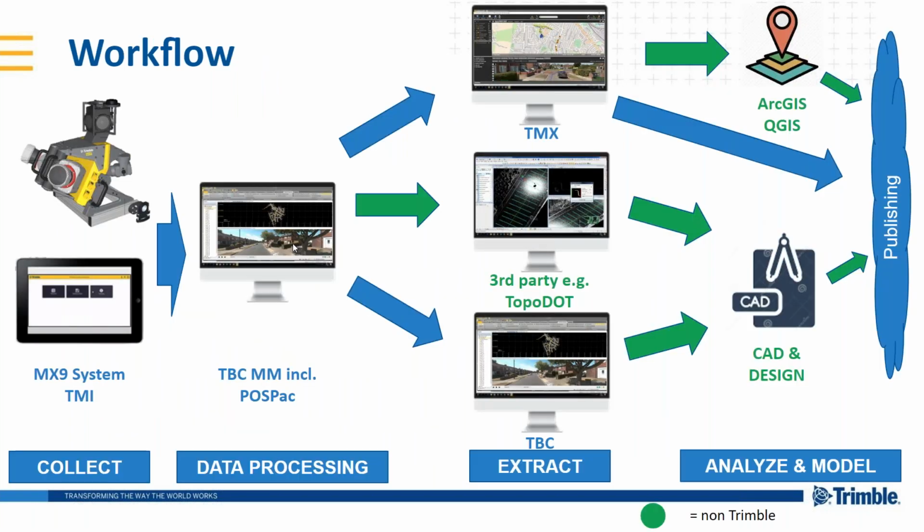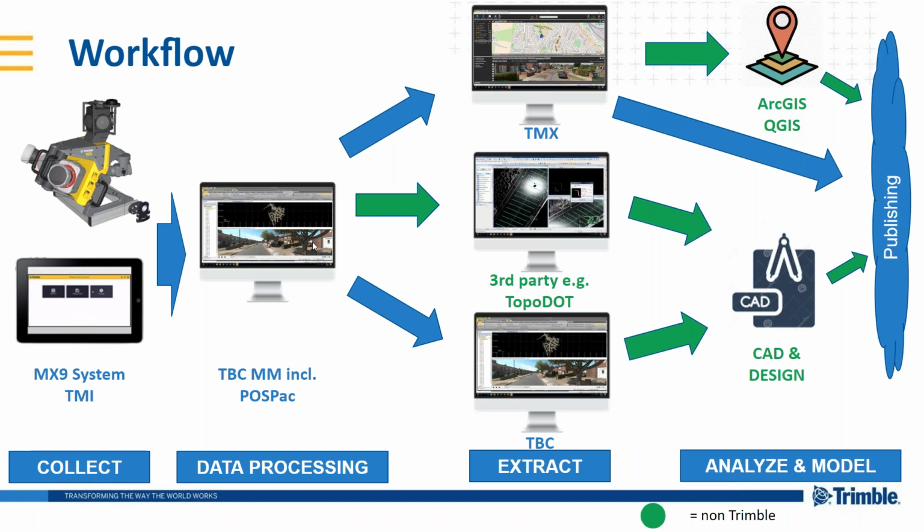Now, a quick catch-up on the workflow, just in case somebody has not seen it. We typically look into this from a field-to-finish point of view: collecting data in the field, processing the data so it's ready to be used for data or feature extraction, doing that extraction and then further analysis, modeling in a CAD software, or finally publishing the data.